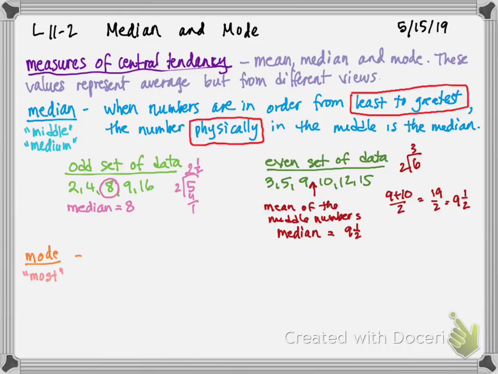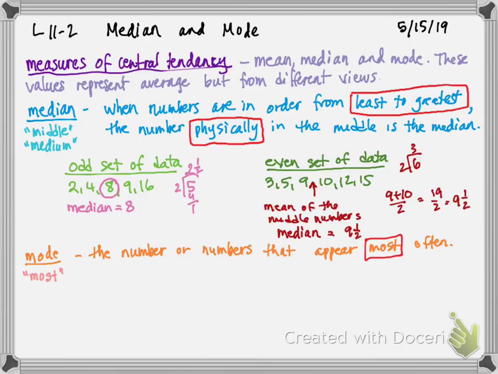So the funny thing is there can be more than one, or there could be none. The number or numbers that appear most often. Put a little box around that word most. Okay, most often.